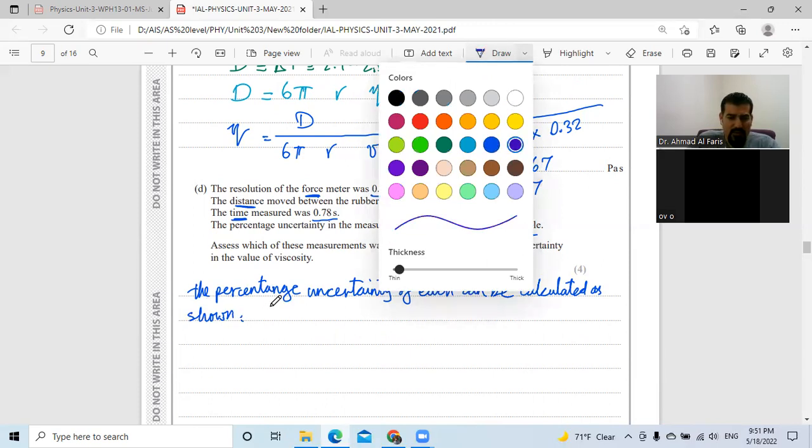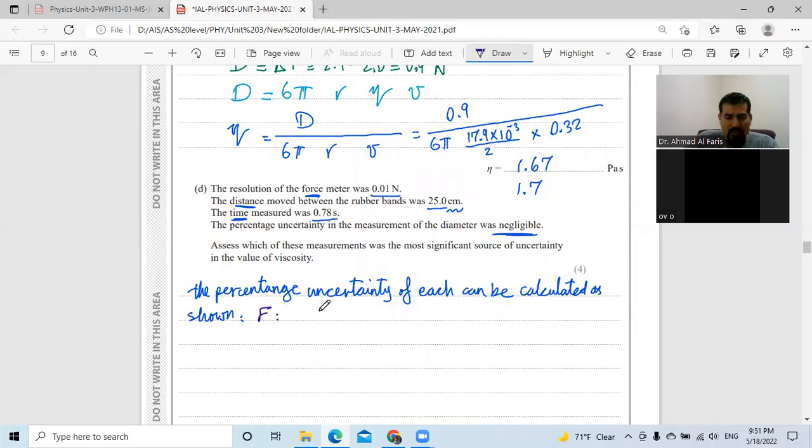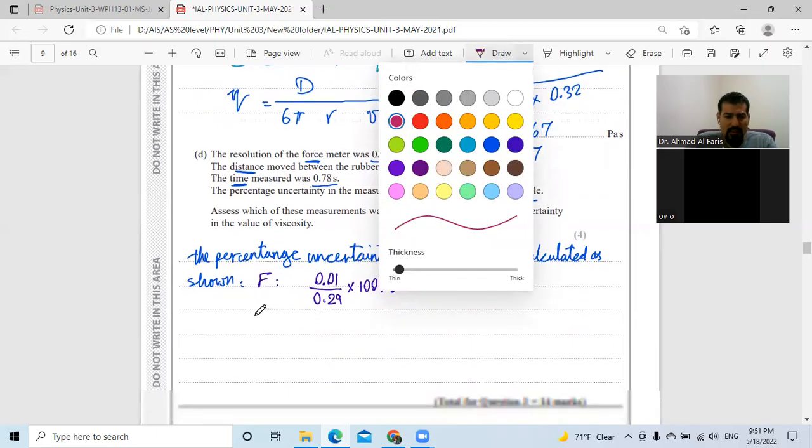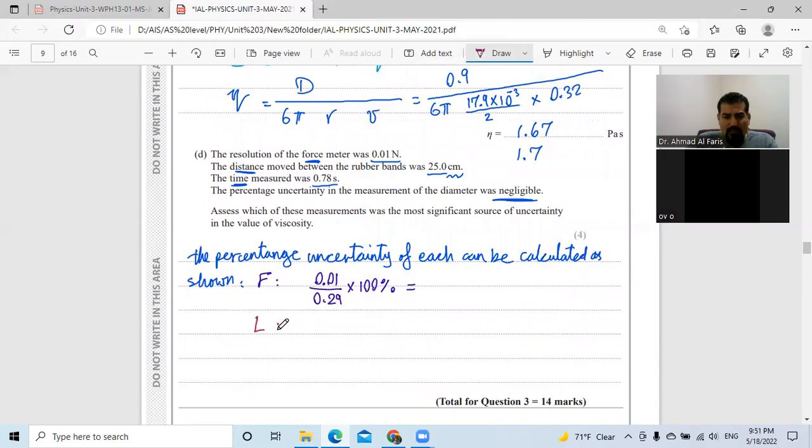For the force, we will say 0.01 divided, for example, by 0.29 times 100%. Tell me how much is the answer, if you please. This is the first one. The second one is the length, and it's 0.1 divided by 25 multiplied by 100%.